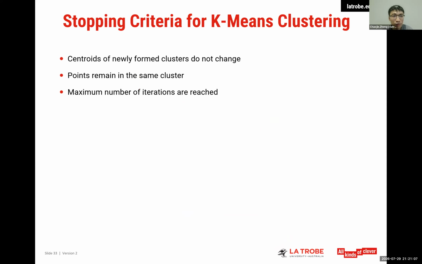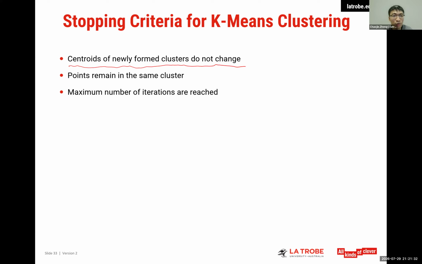Here are a few stopping criteria for this iterative update process. We can stop the updating process when any one of them is met. The first one is the centroid of the newly formed cluster does not change.